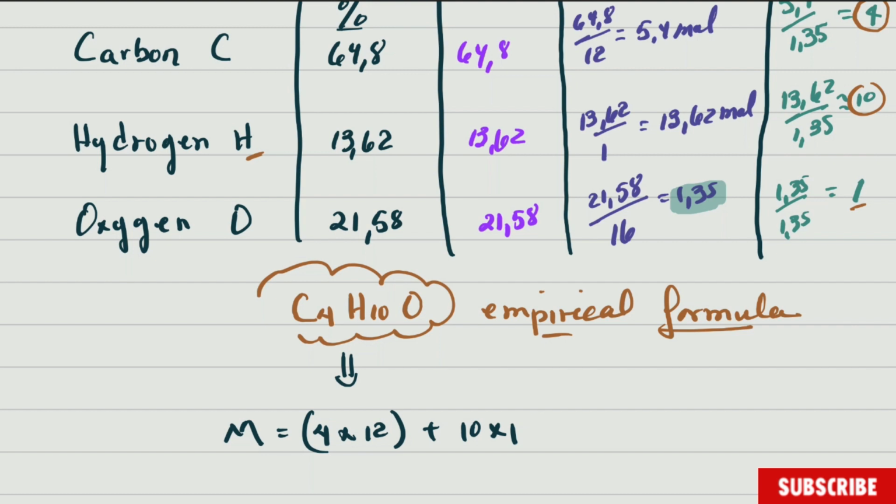When I'm talking about mass, I'm referring to the molar mass. You will get 74 grams per mole. Very simple. That is the molar mass of the empirical formula.